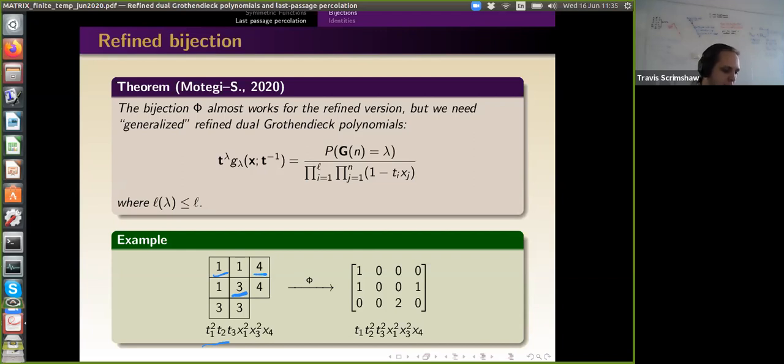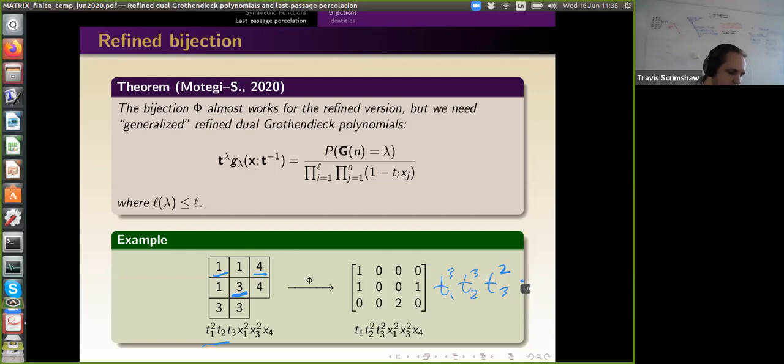And so to translate between the two, I have to scale everything by t1 cubed, t2 cubed, t3 squared.